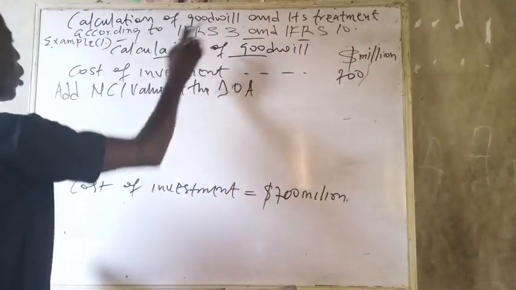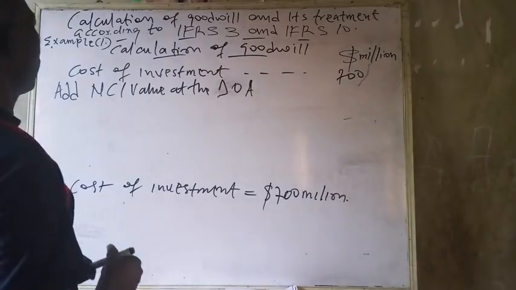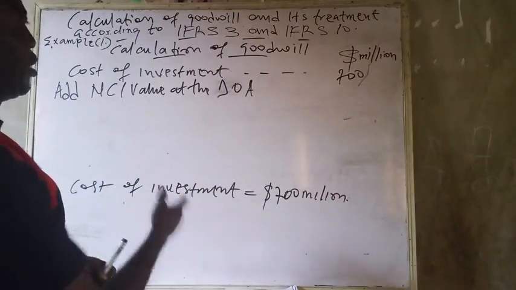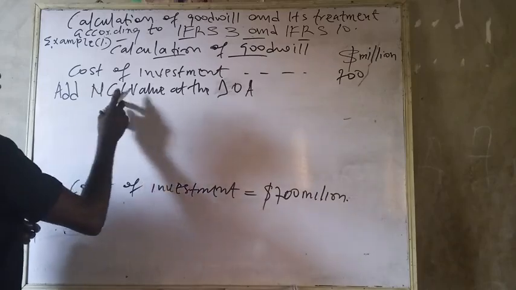That is what the group structure gives. I prepared that so that you don't waste time. And what is the NCI value?